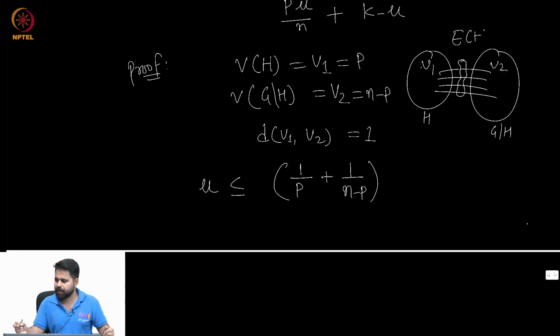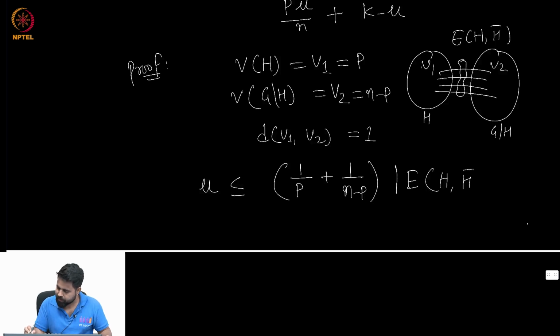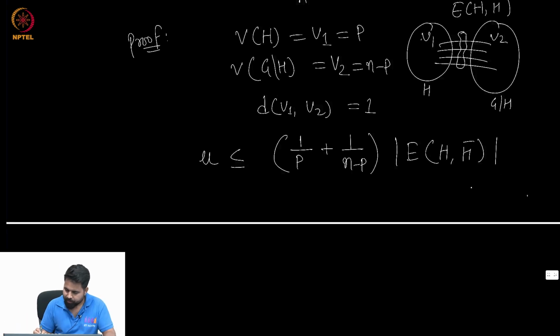Let me write this as mod E of H and H bar, the number of edges going from H to its complement.